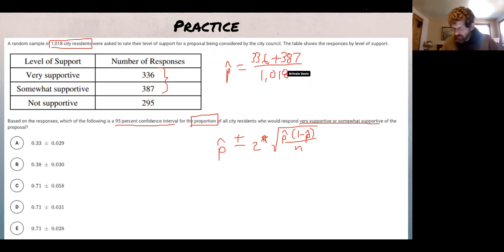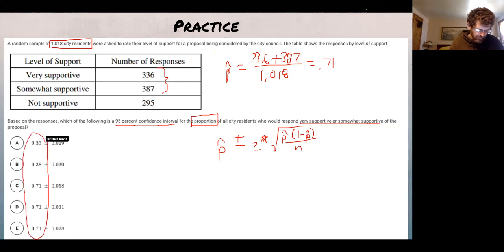And when we do that, we get 0.71. It's 0.7102. I'm just going to call it 0.71. Okay. And that should work for this problem because we can see right here where the point estimate's supposed to be. 0.71 is what we're working with. We can cross these two out. We know those are not correct.